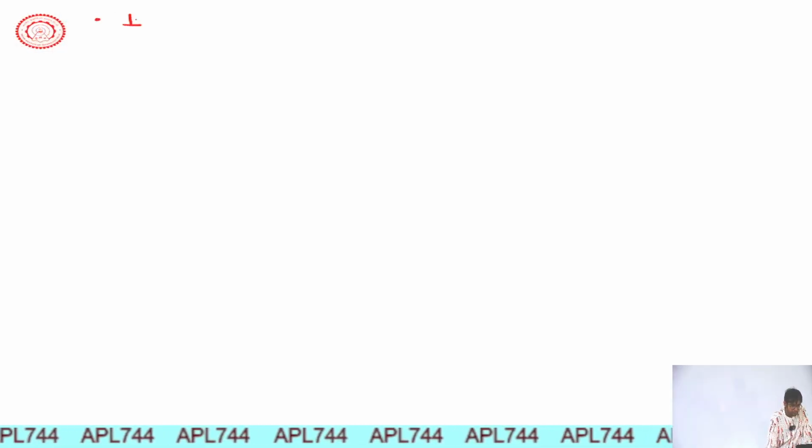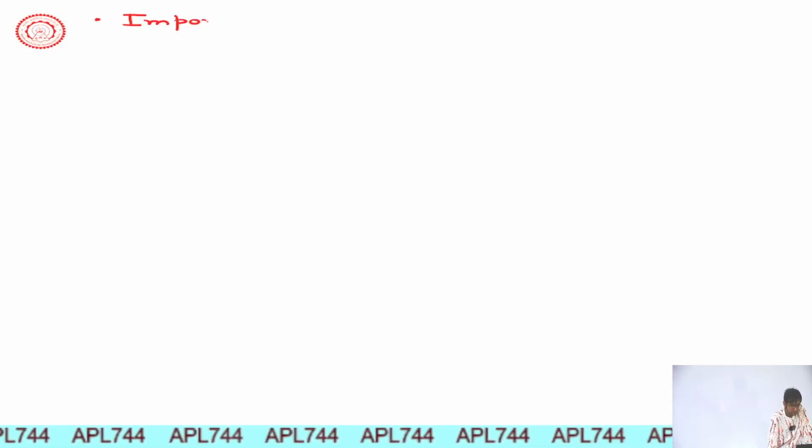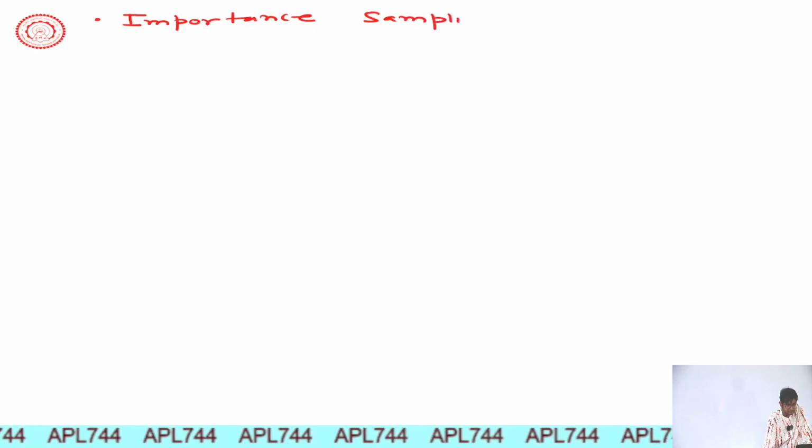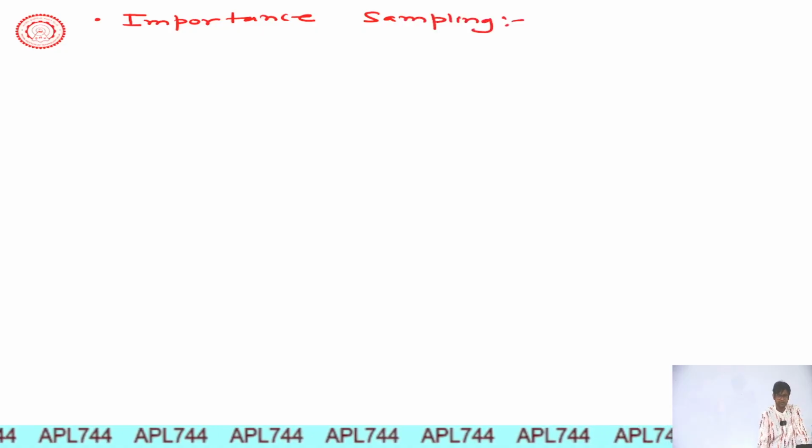Again, we have discussed it. The third one that we have discussed is the importance sampling, and here the idea was that we are interested in computing expectation.